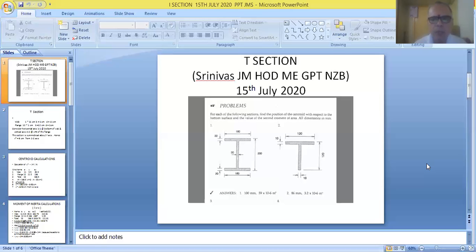So the width of the flange is given as 12 centimeter, and the depth of the flange can be taken as 1 centimeter.